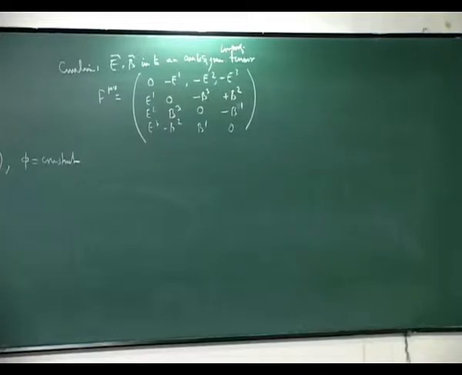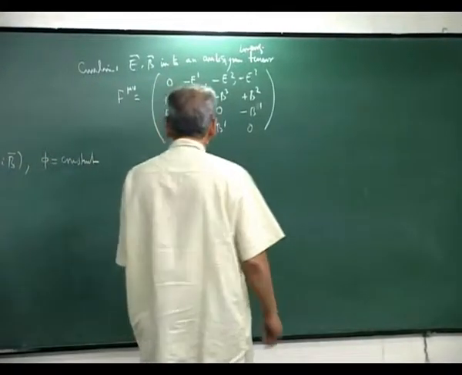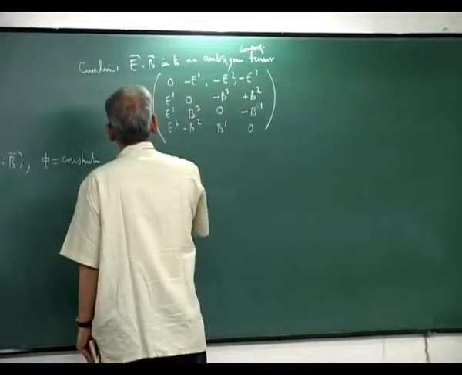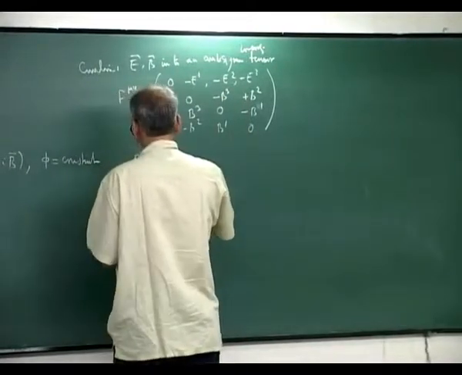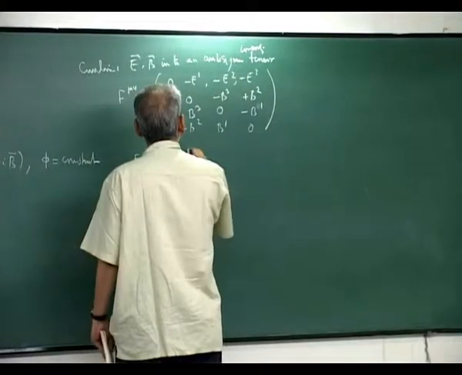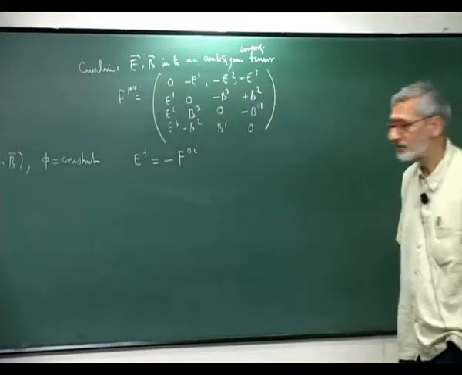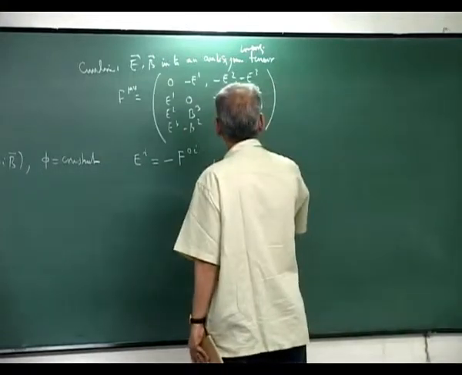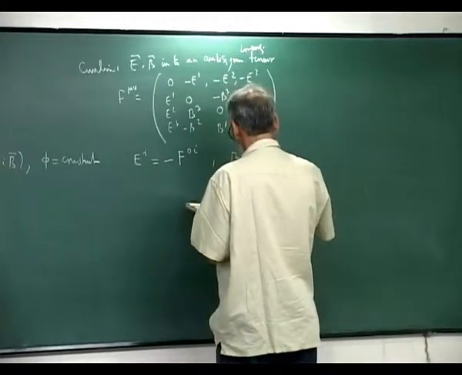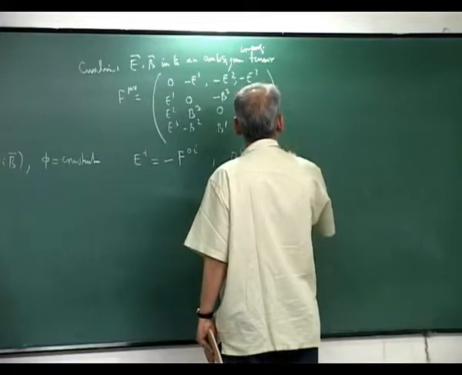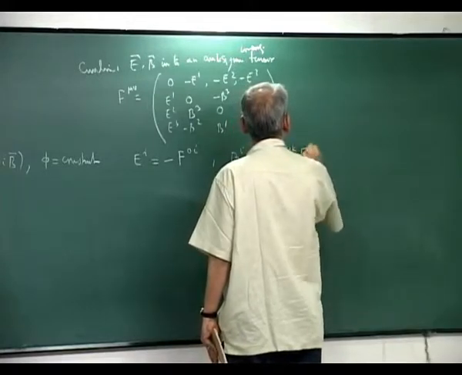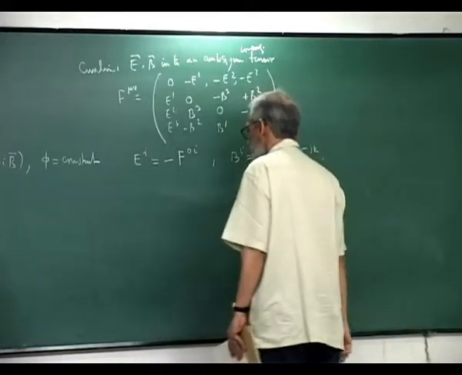So the field strength F mu nu is this 4 cross 4 matrix in terms of electric field and magnetic field components. Or more compactly, electric field Ei is minus F0i, and magnetic field components Bi are minus half epsilon ijk Fjk.